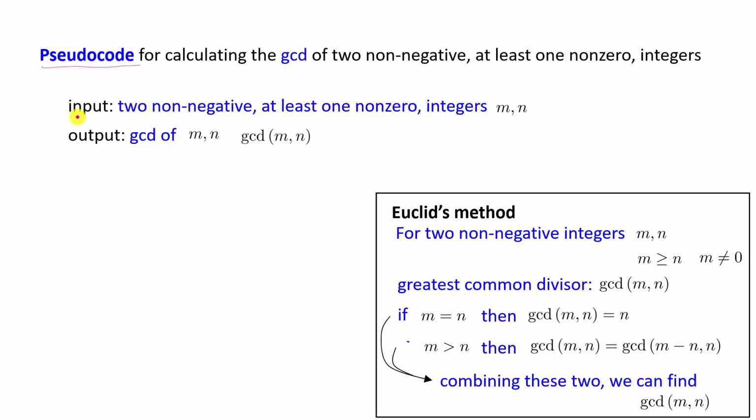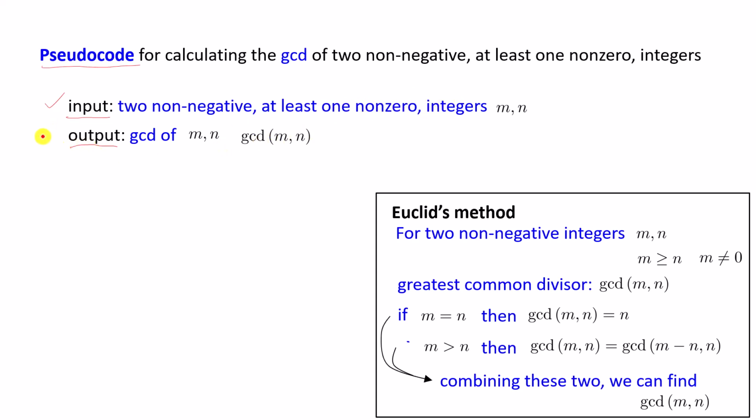To write the pseudocode, usually what we do is that first we write the input and output. So in this case, our input is 2 non-negative and at least 1 non-zero integers.